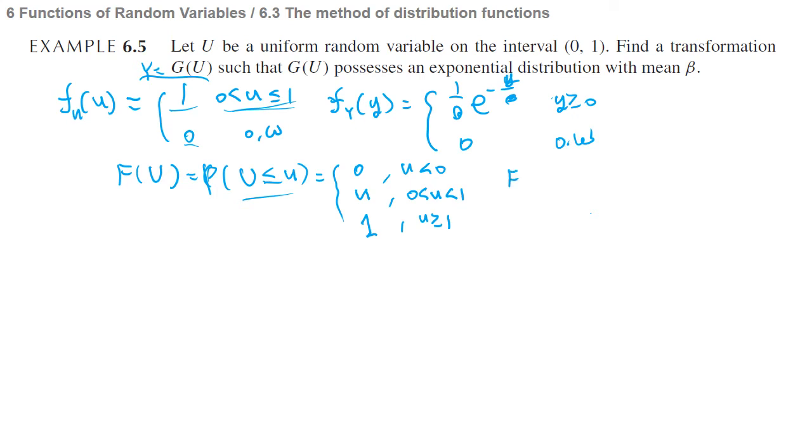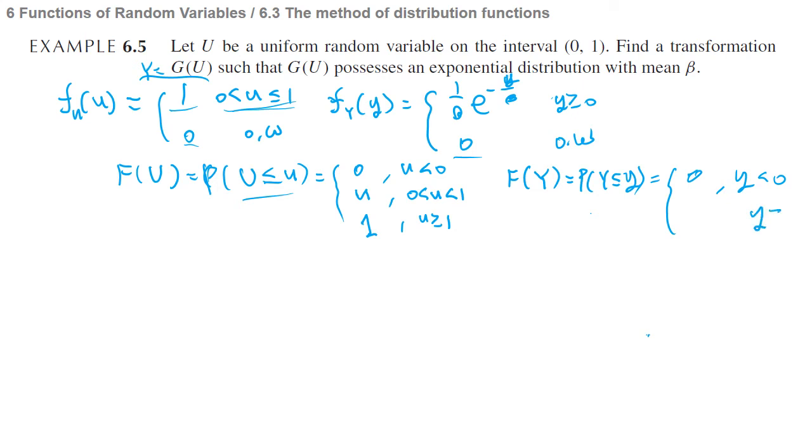And what would be the distribution function for the exponential distribution, F(y)? This is the probability of Y less than or equal to y. If y is less than 0, the density is 0 for this case, so the integration is again 0.